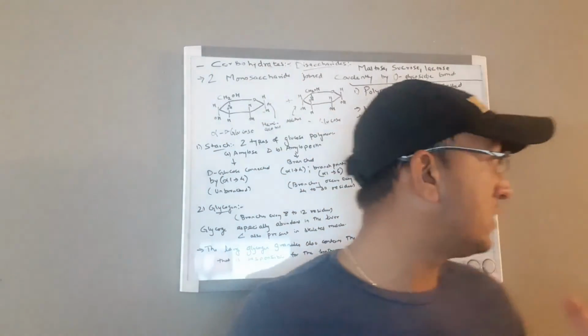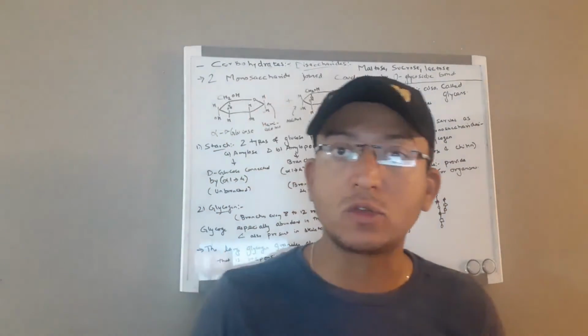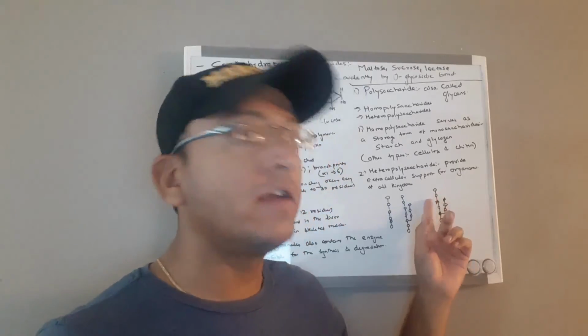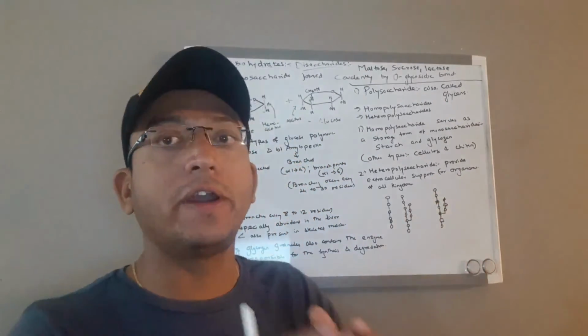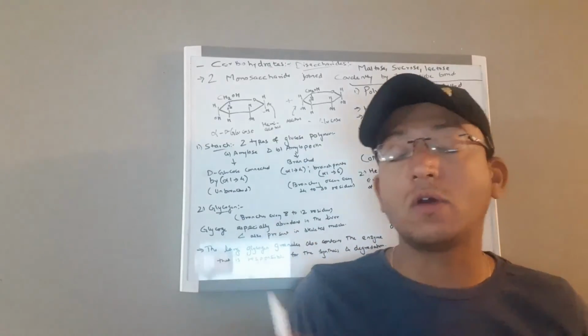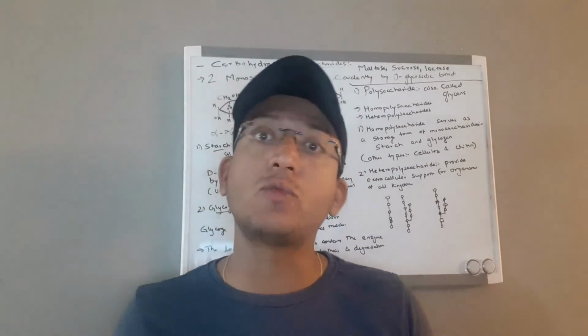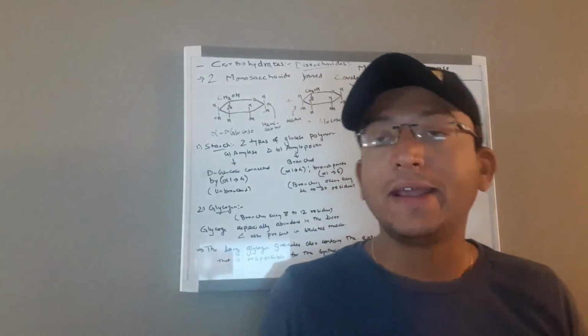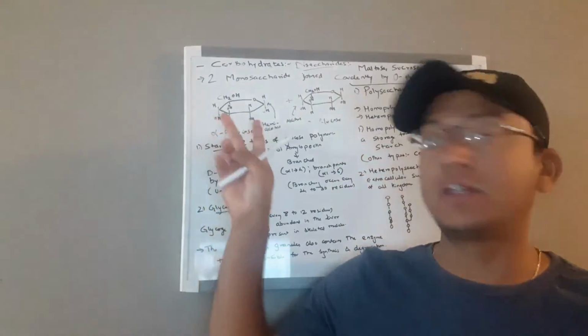So when this glycogen is used as an energy source, it is degraded by the enzyme and separated into all the monosaccharides. So the question is why not store glucose in its monomeric form, just like this, right?